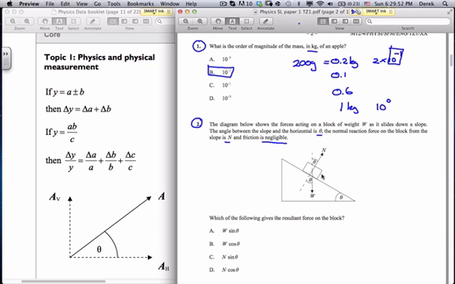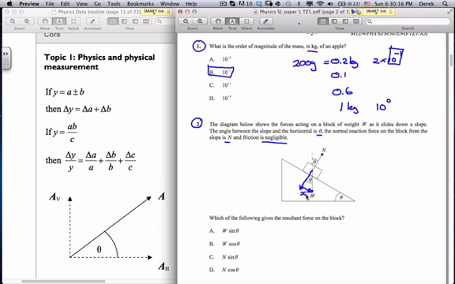Now, because this is sliding down, there is no acceleration in the normal direction, so there must be a force cancelling out that normal force, and it would be a force down like that, which is a component of this W, of the weight. And then you would have a force like this, which would be the unbalanced force, or the net force acting on it.